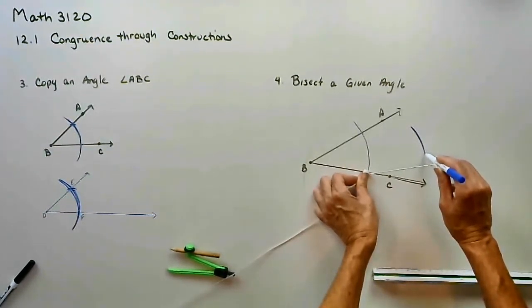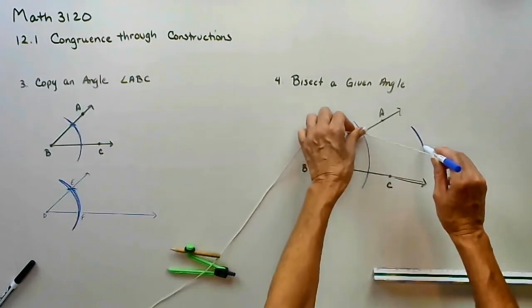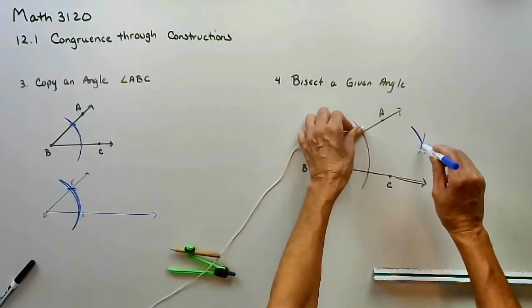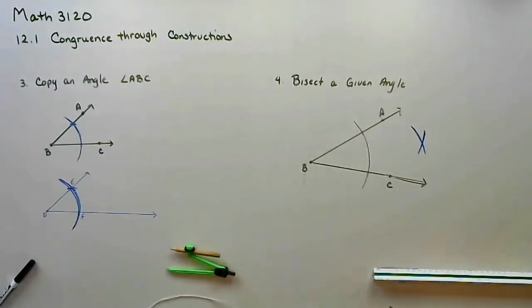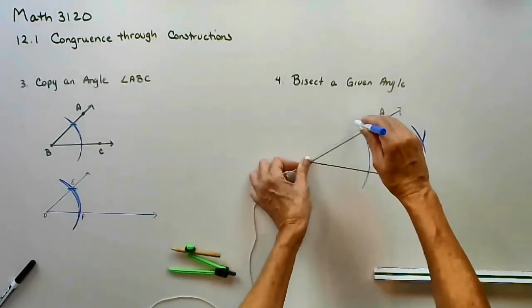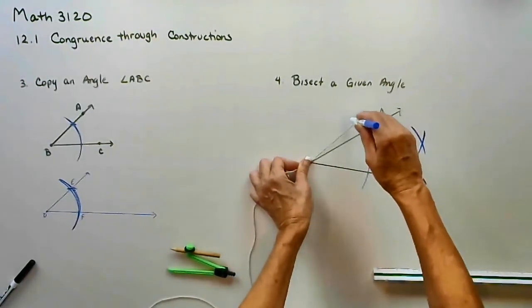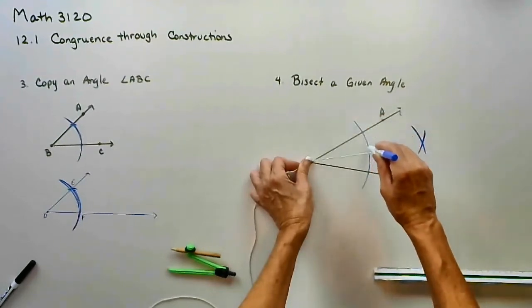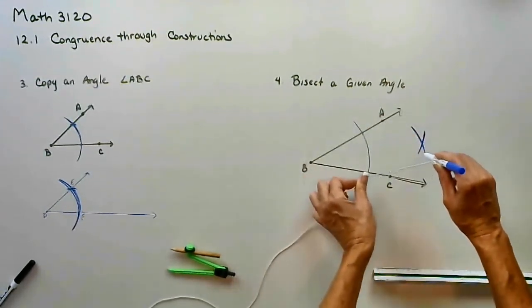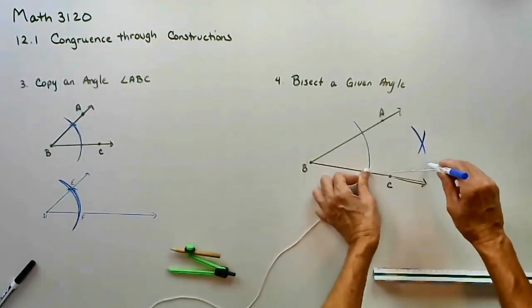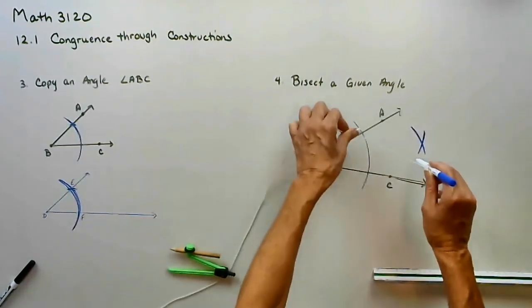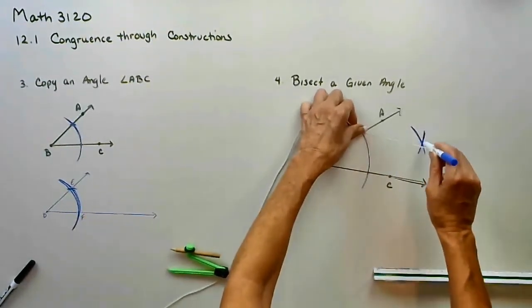Pick up your compass, go to the other point of intersection, swing an arc so that it intersects in the interior of that angle. So I'll do that again. I'm going to swing an arc from each of these points of intersection. I'm going to swing an arc on the interior of the angle.